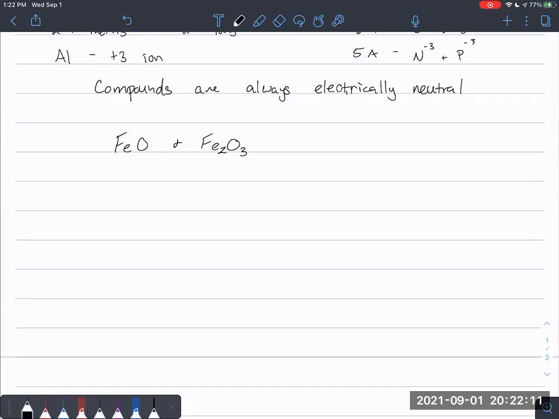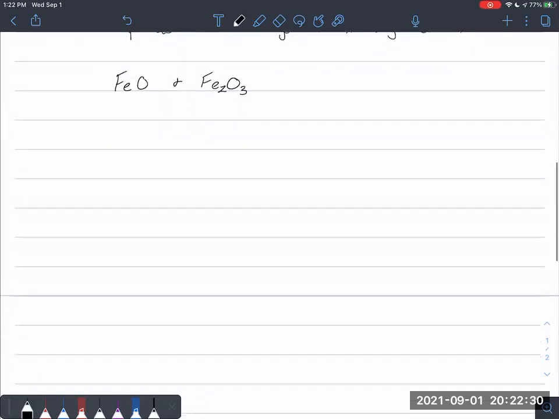The transition metals typically form more than one charge. Iron typically forms more than one charge, a +2 and a +3. So I can't just generically say iron oxide. If I say iron oxide, which one am I referring to? Am I referring to FeO or Fe2O3?